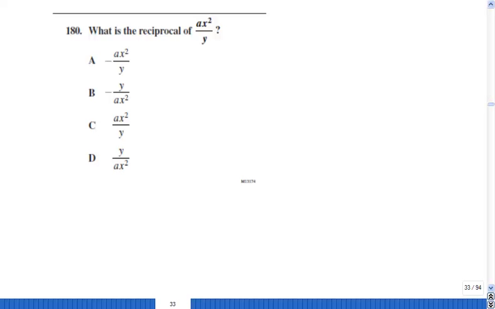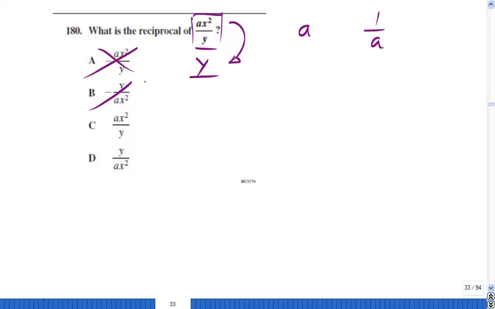All right, what is the reciprocal of ax squared over y? Reciprocal of a will be what? 1 over a, right? So you flip the whole thing. What is the reciprocal of this one? Well, just flip it and will be y on the top. And I can look at all of them. If y is not on the top, not good.